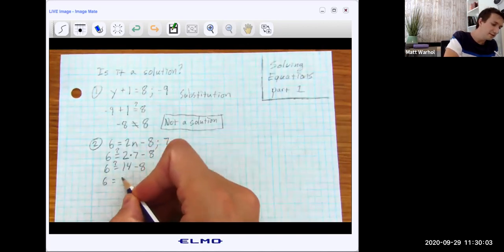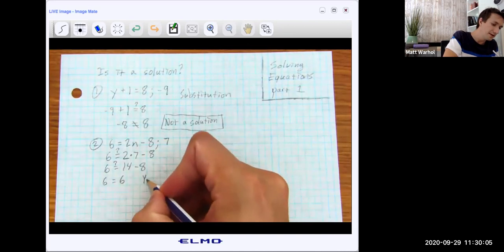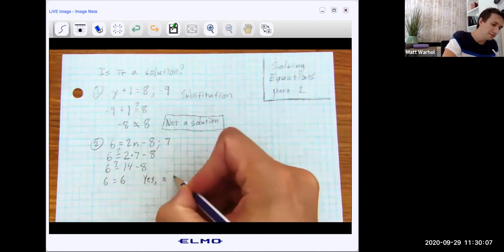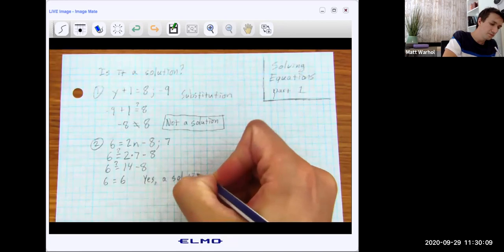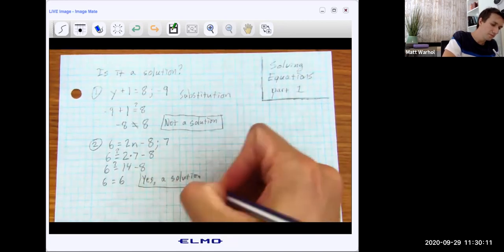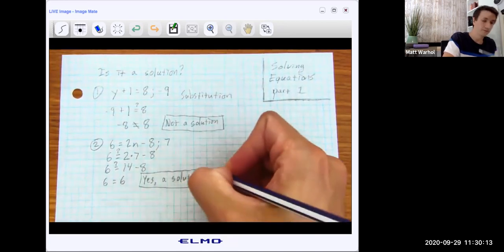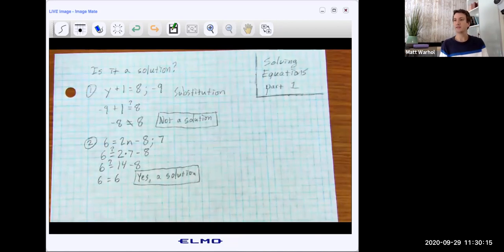So 6 does equal 6. So yes, a solution. There we go. It's really handy to find out if the numbers we're using work in the equation that we're dealing with. Okay? All right, let's go on to the next part.